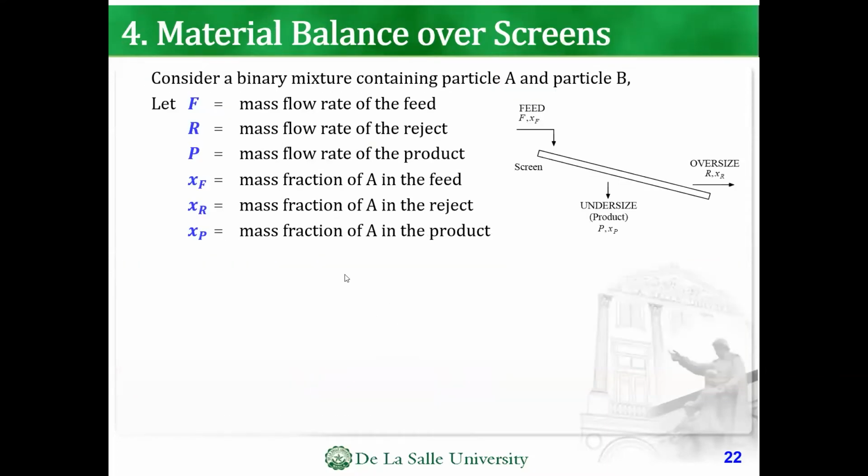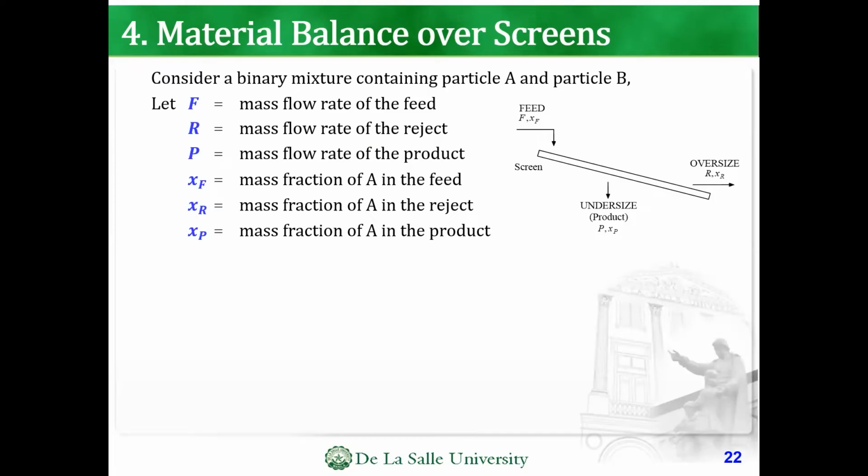Okay, so let's go to some material balance on the screens. You can see in here the screen, and then let F be the feed, let R be the reject or the oversize, and let P be the product or the undersize in this case.